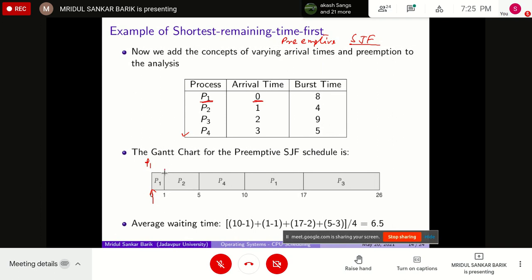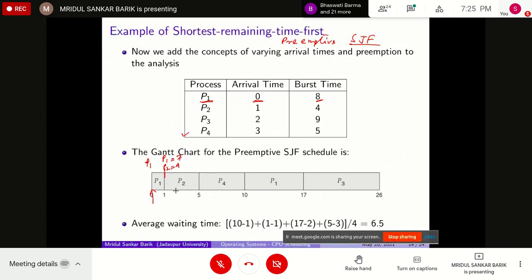At time 1, what is the remaining time of process P1? P1's total burst time is 8. It has executed for 1 time unit, so its remaining time is 7. Process P2 has just arrived, so its remaining burst time is 4. Which one is shortest? P2. So P2 would be scheduled.